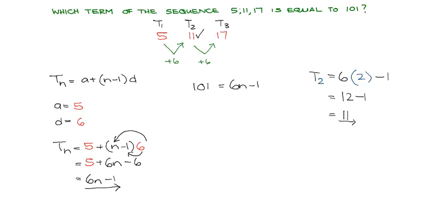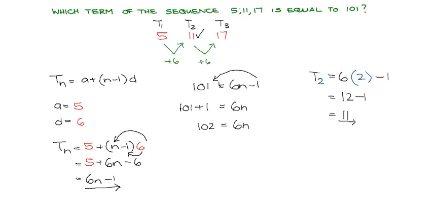Okay, so let's have a look. Let's play with this. It's good old-fashioned algebra. Always want to move the constants over. So when a negative 1 jumps over that equal sign, it turns into a positive. So we have 101 plus 1 is equal to 6n, which is 102 is equal to 6n.